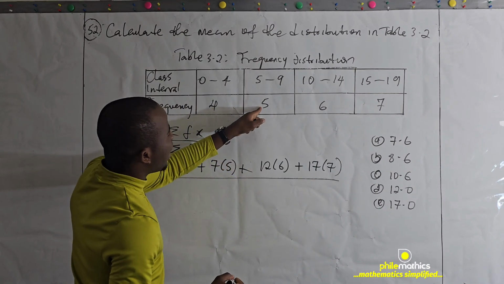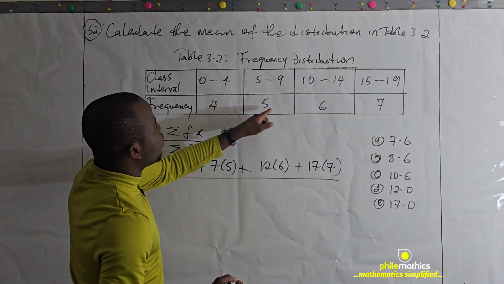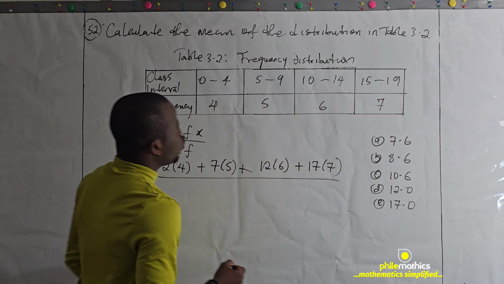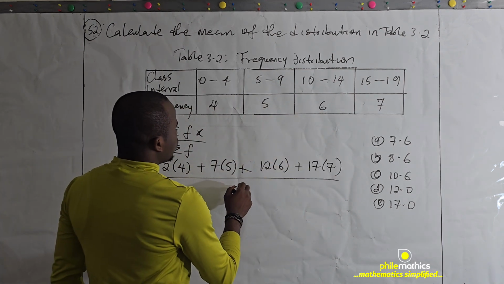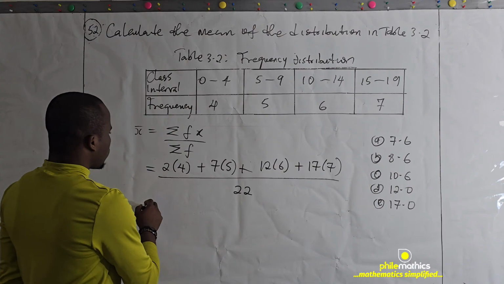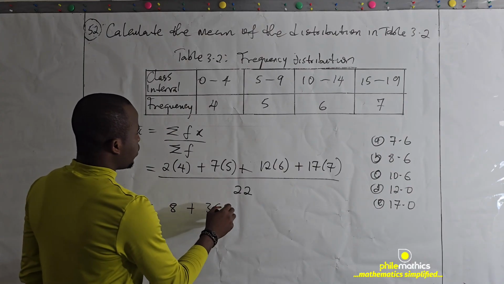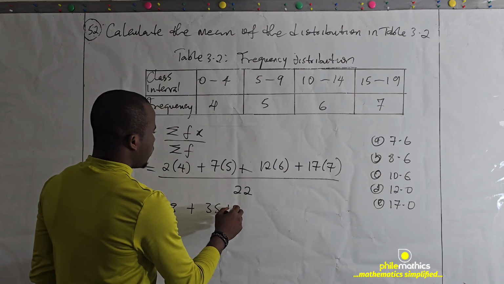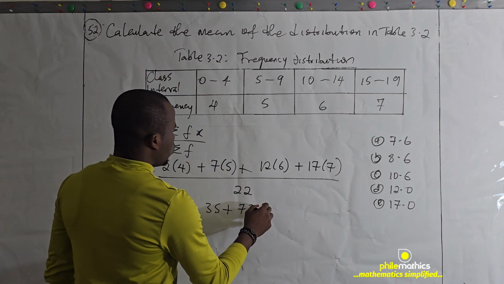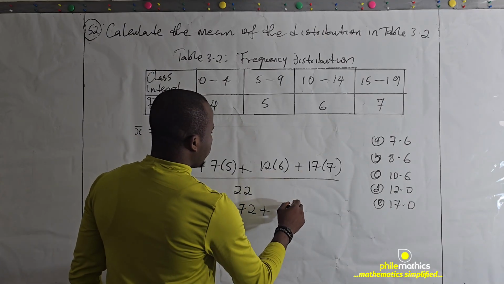4 plus 5 is 9, 15, 22. So this is 22. This is 8. This is 35. This is 72. 7 times 7 is 49.